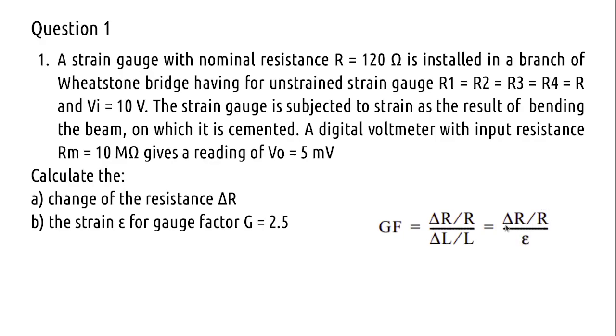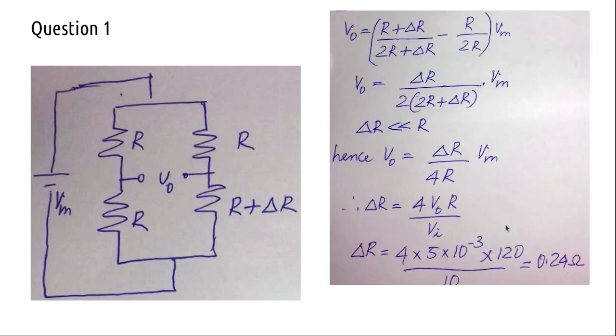So just substitute the values and find out the strain. Does strain have any units? No, it doesn't have any unit, right? So I'll just quickly go through it. Is this the value you get?